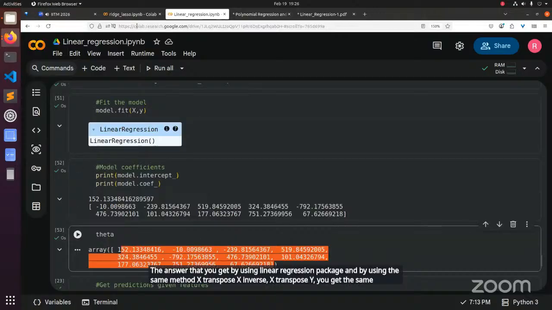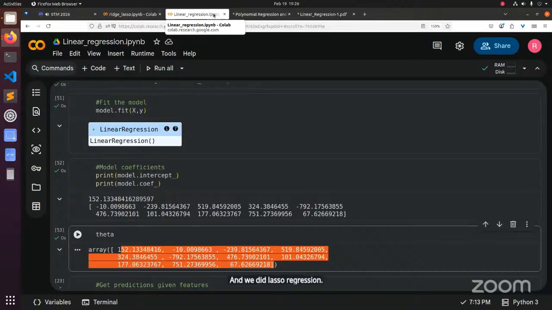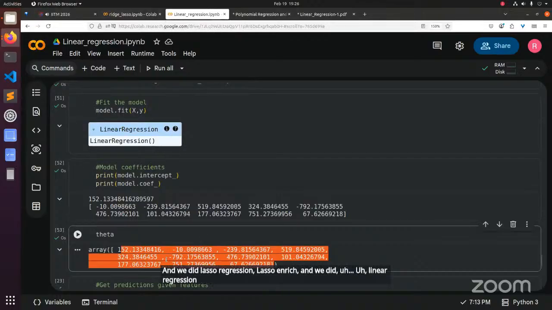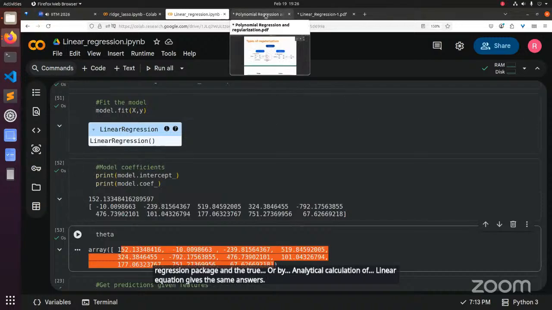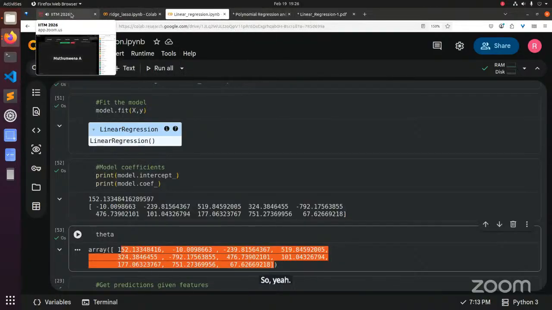And we did lasso and ridge. So yes, this completes linear regression fully.